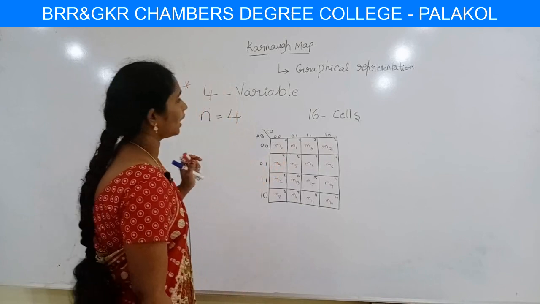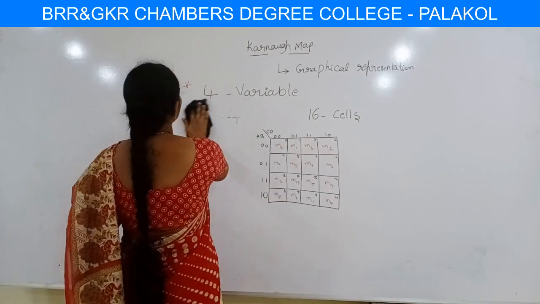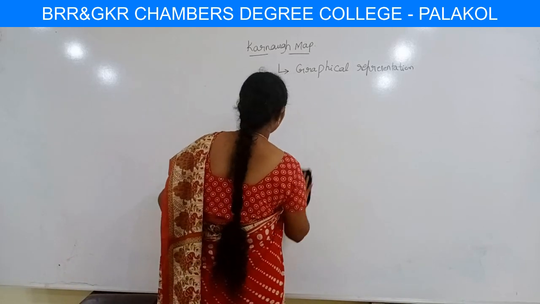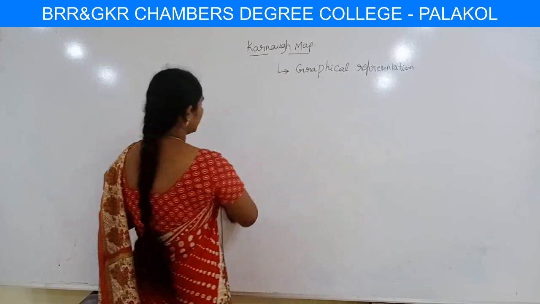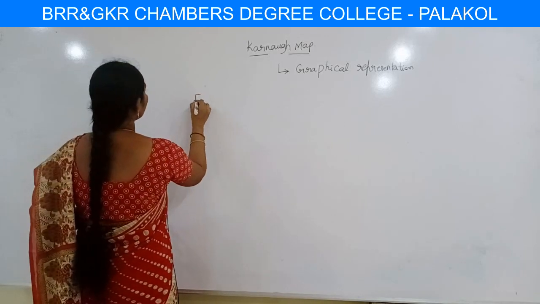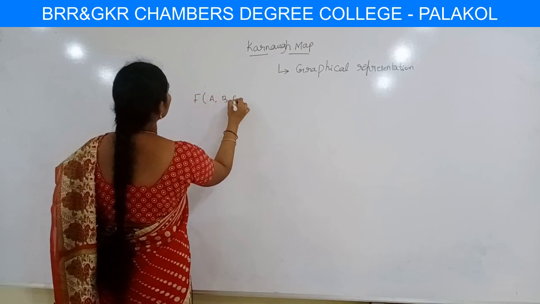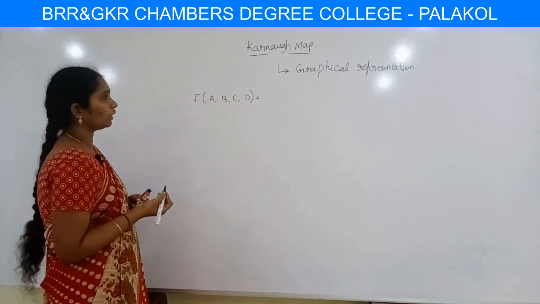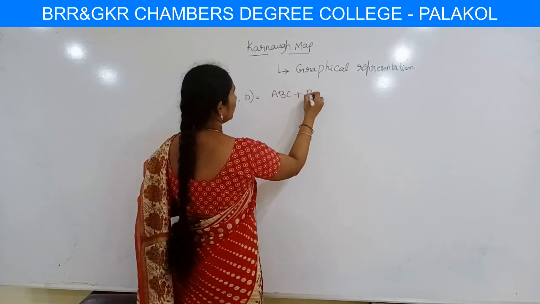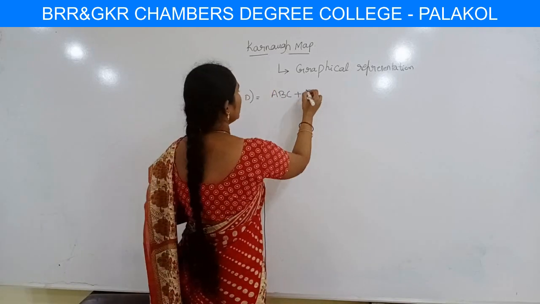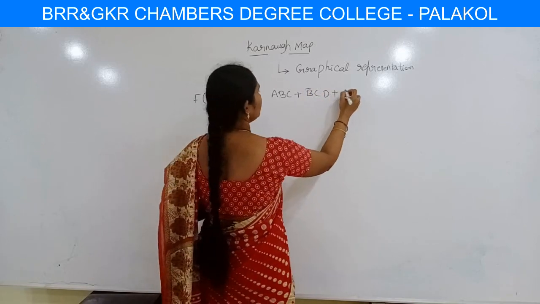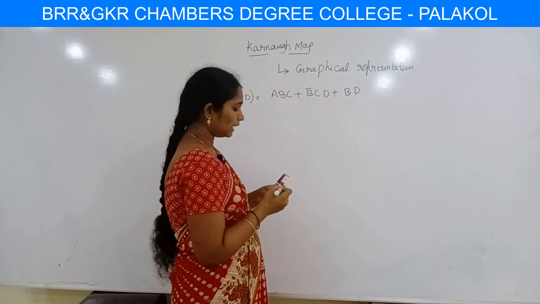Now for this 4 variable K map I consider an example. That example is f of A, B, C, D equals ABC plus B bar C D plus BD.